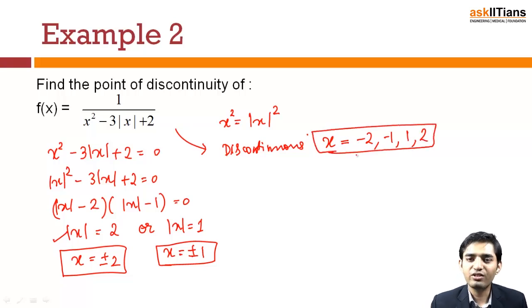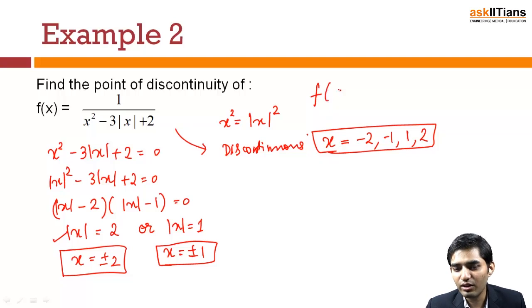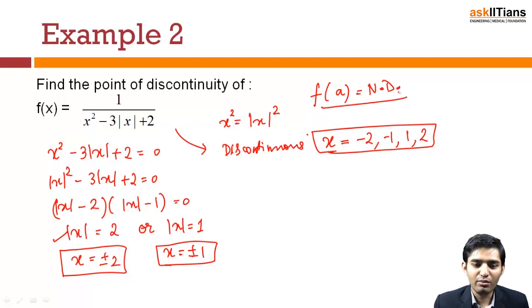So there are 4 points of discontinuity of this function. So first find out critical points and then check. How did we check it? Because denominator goes 0, so function will not be defined. At all these points, the value of the function, f of a if I say, will not be defined, because denominator will go 0.